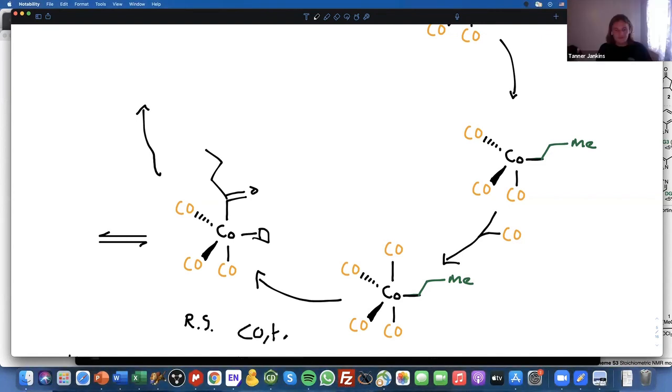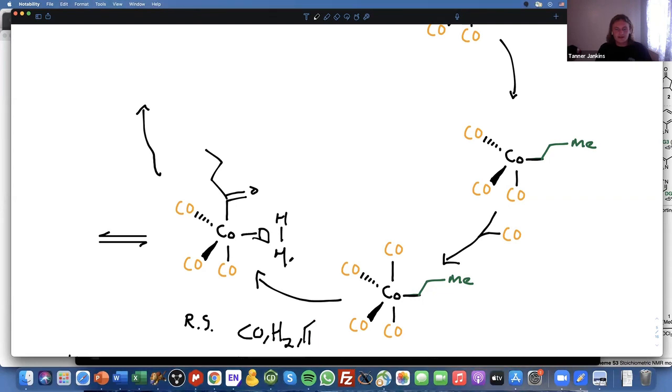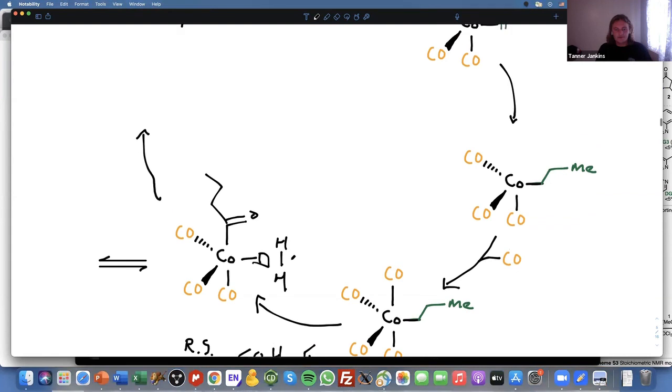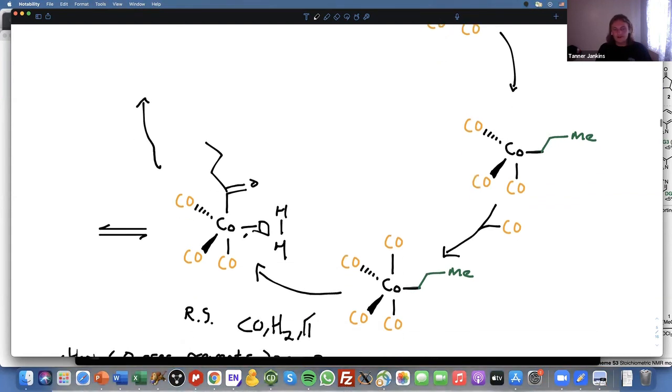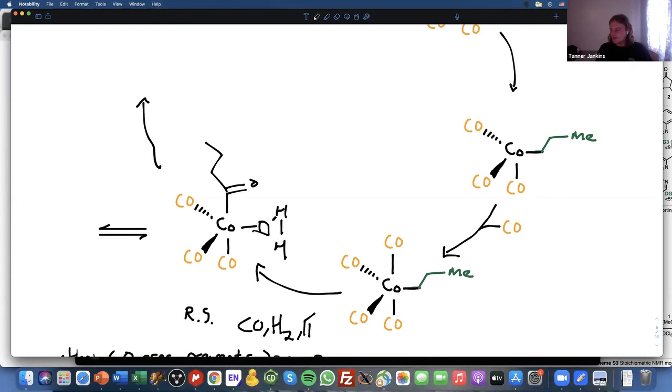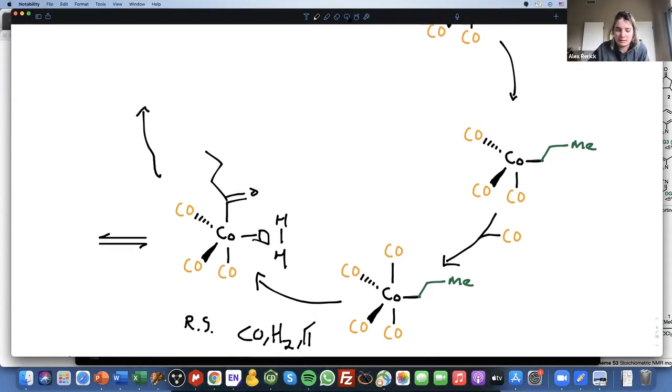So can you have H2 added? Exactly. So how is H2 going to add in this case? What, like, elementary step? Is it oxidative addition, or it will just stay as like a 2 center 3 electron?